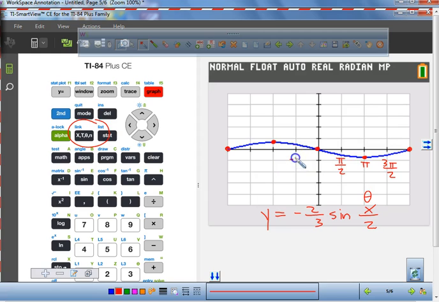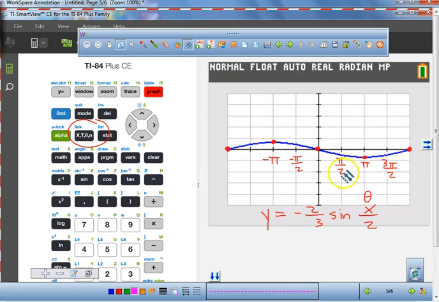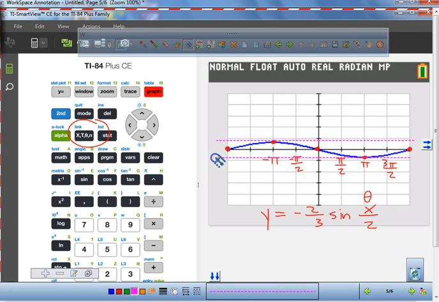So right here, we're at a negative pi over 2, we're at a negative pi. If we're plotting this, that's what you're trying to do. And remember, when I said draw your dotted lines, you're just trying to get close to that 2/3. I realize it's very difficult, so I'm just looking for some effort. So right here, that's a positive 2/3, that's a negative 2/3. There's your sine function.